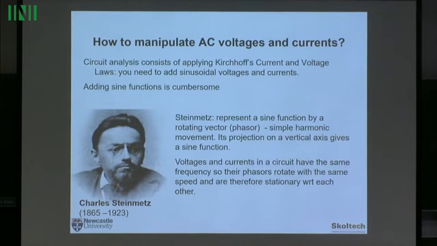Because all those voltages and currents represented by rotating vectors rotate at the same frequency, you can freeze them, because with respect to each other they're stationary. But there will be some angles between them. So the phase shift between sine waves you can represent as geometric angles between two vectors. It's a very simple principle, and then you can simply apply Kirchhoff's laws to add those vectors or phasors.